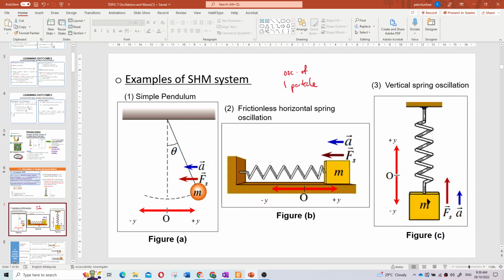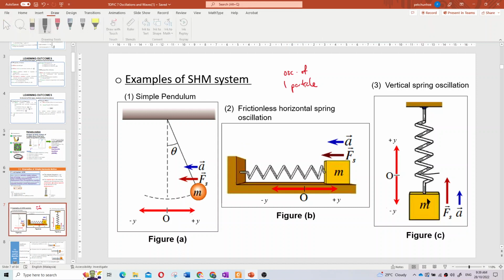At this position the velocity is maximum. At this position, velocity is 0. At amplitude, velocity is 0. At equilibrium, velocity is maximum.